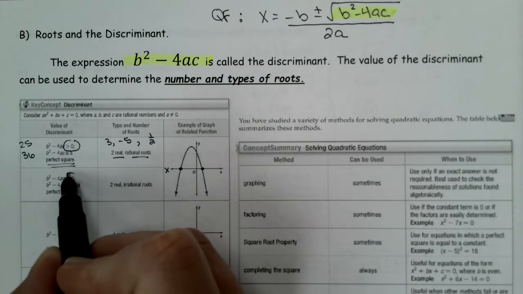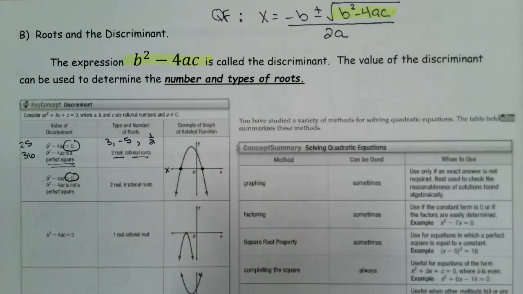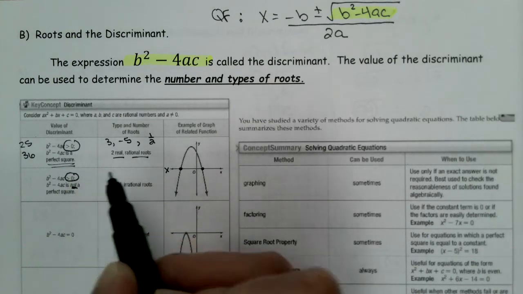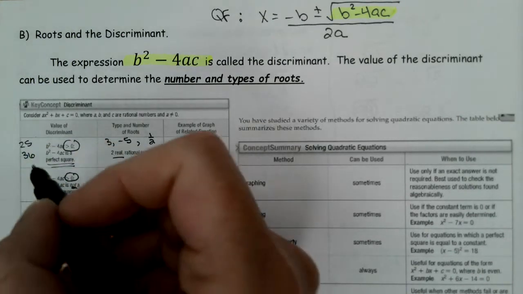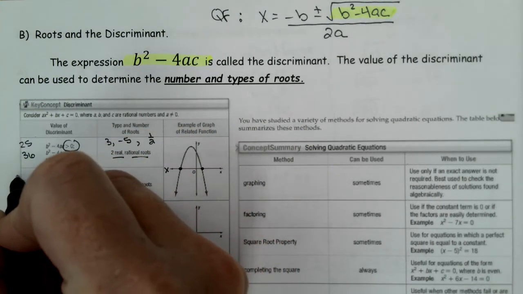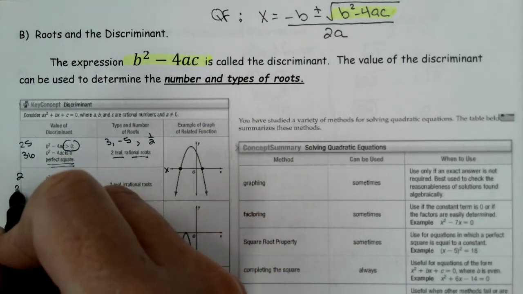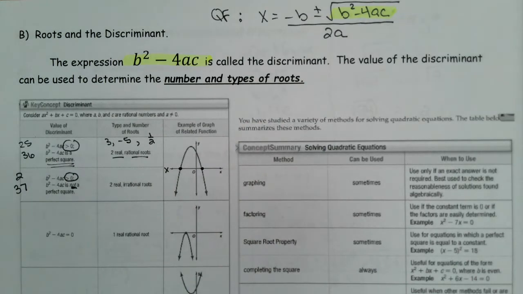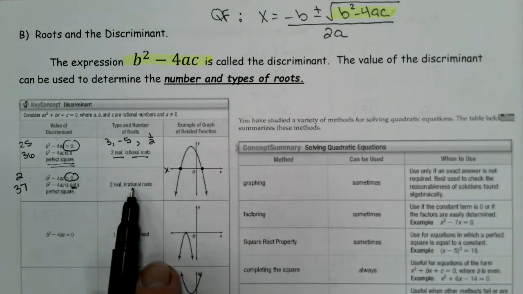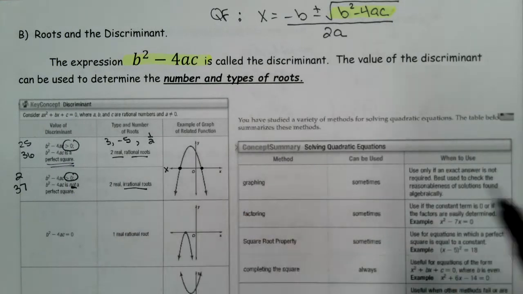If the discriminant is greater than 0, but not a perfect square, such as 2 or 37, then you get two irrational roots.